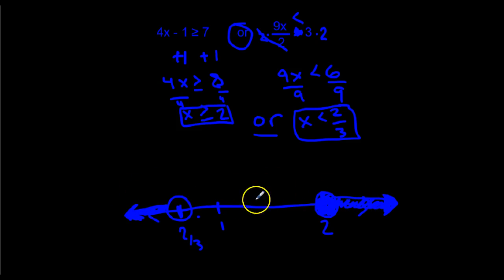So either one of these could be true, so we could write it this way. We kind of have two separate solution sets here. I'll write it in interval notation. So the lowest thing it could be on this side is negative infinity to 2/3, and 2/3 should not be included. And then we're going to put a comma because that's the end of this interval.